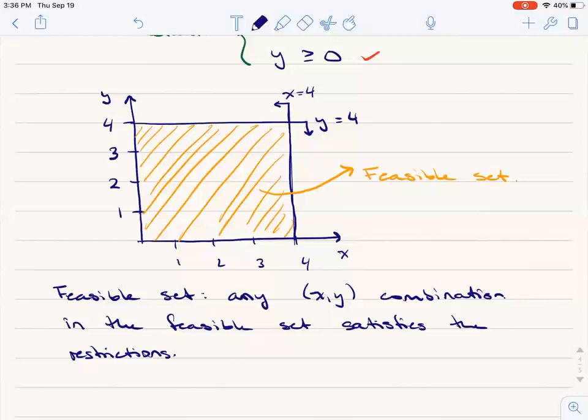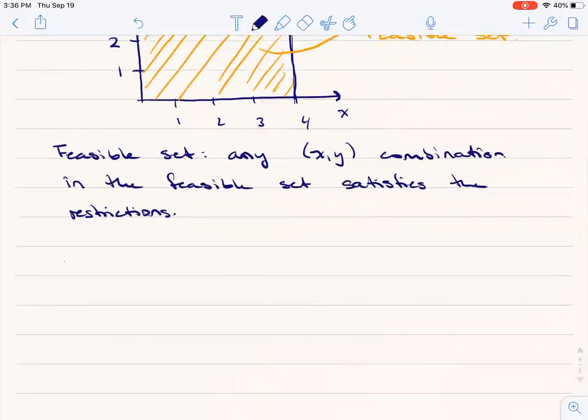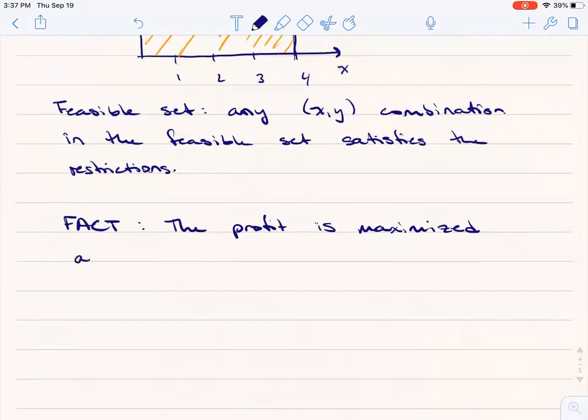Okay. So here, fact, the profit is maximized at one of the points of intersection.